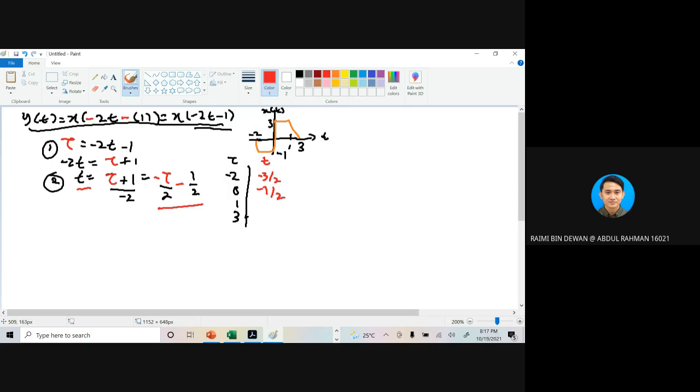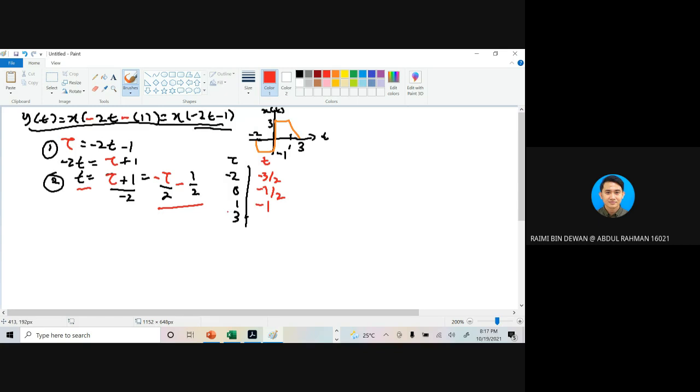The next one is 1, so 1 over 2. Negative 1 over 2 minus 1 over 2, so it is negative 1. And then 3.